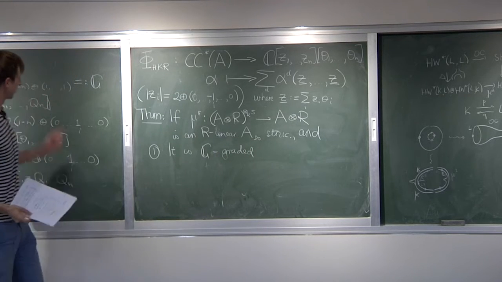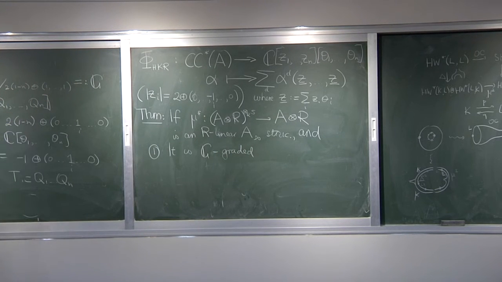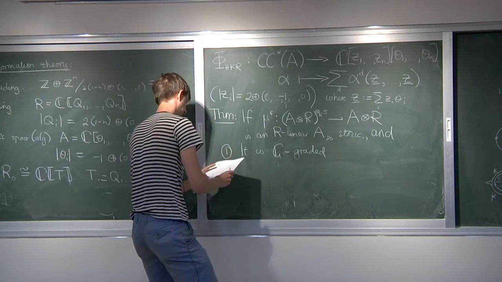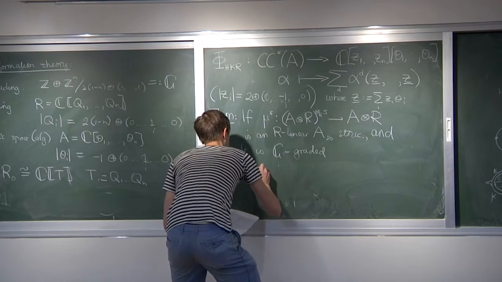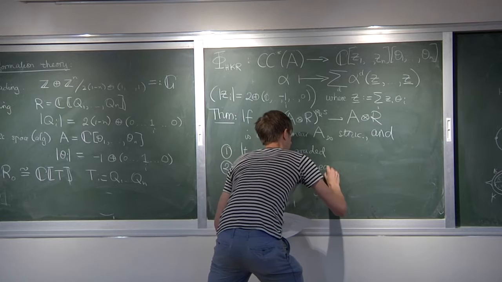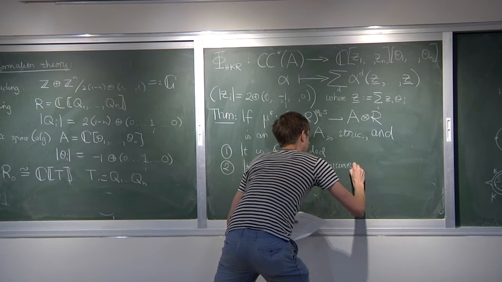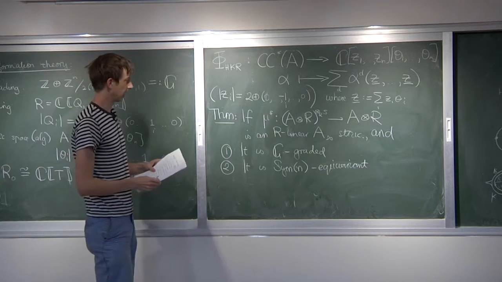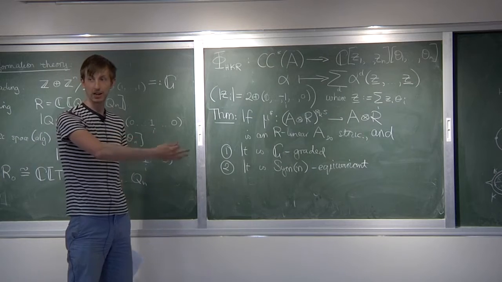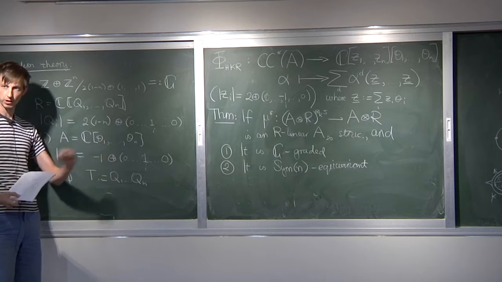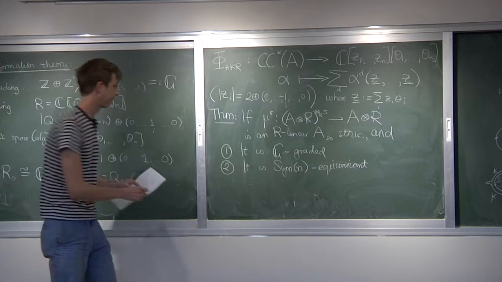It's graded with this group, which remember means mu_s has degree 2 minus s in here. The second thing is it has to be equivariant with respect to the action of the symmetric group, just permuting these generators theta 1 through theta n.